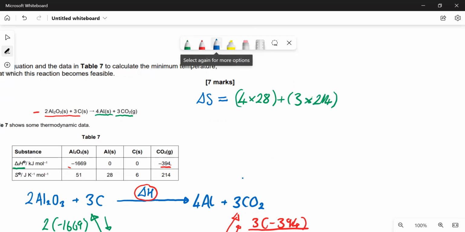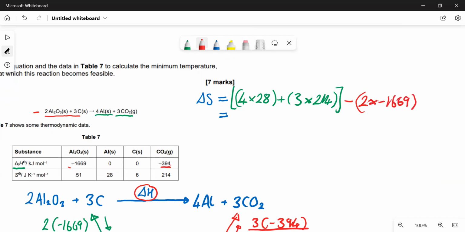And then we've got to put in the minus yet, sorry. We need the entropy of the reactants, so that's 2 aluminium oxide, so that's 2 times 51, square bracket there, and plus the entropy of the carbons, which is very low, 3 times 6, which in my head is 18.